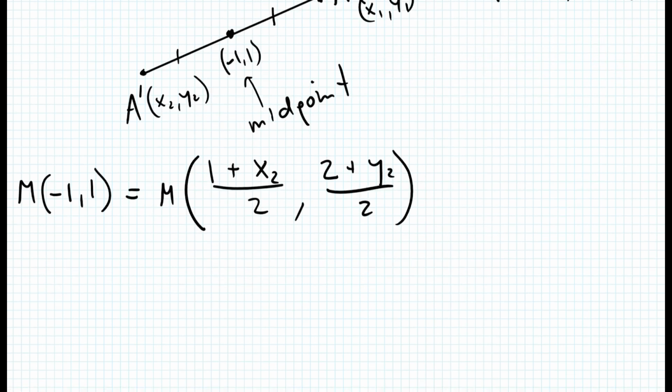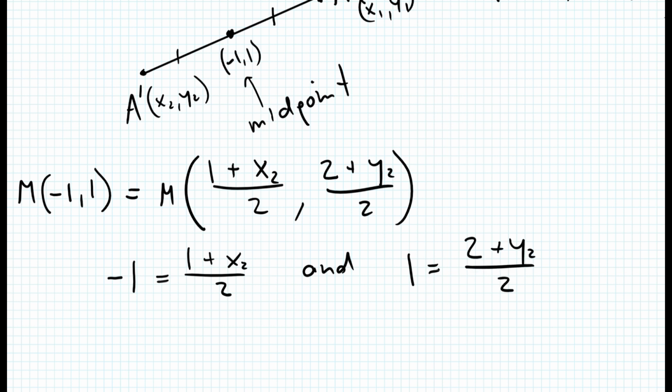And now we just need to solve for this. So if we solve it, we write that -1 equals (1 + x2)/2, and we know that 1 has to be equal to (2 + y2)/2.